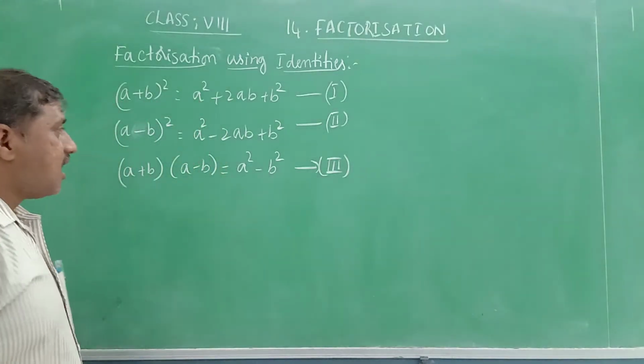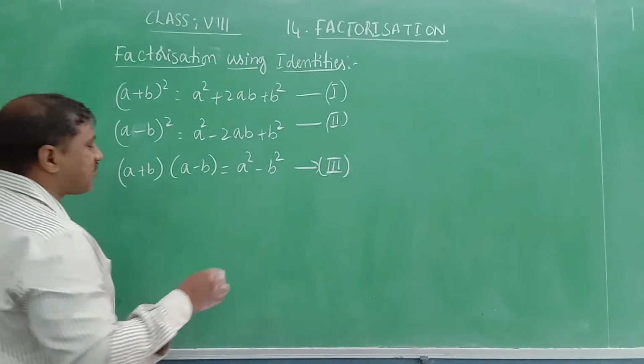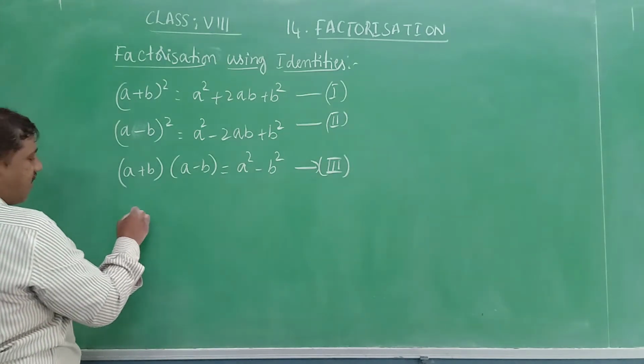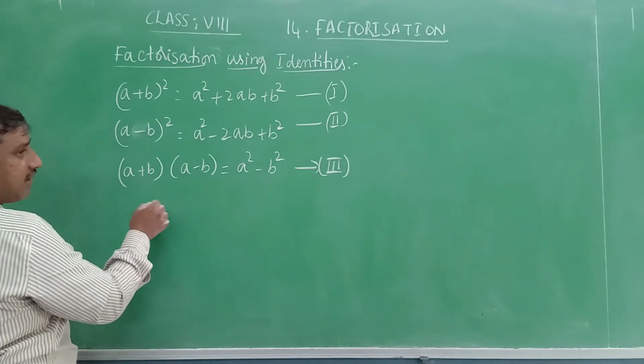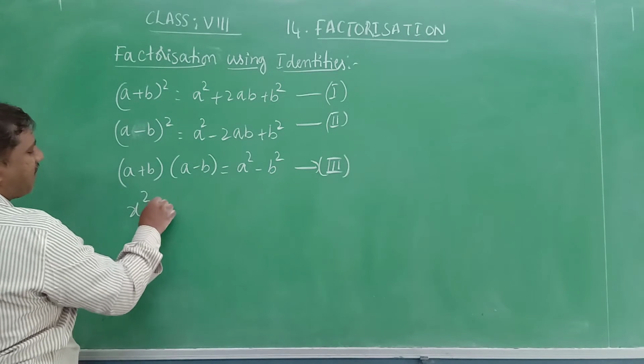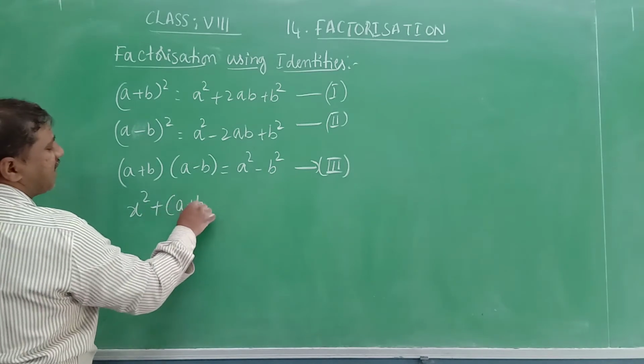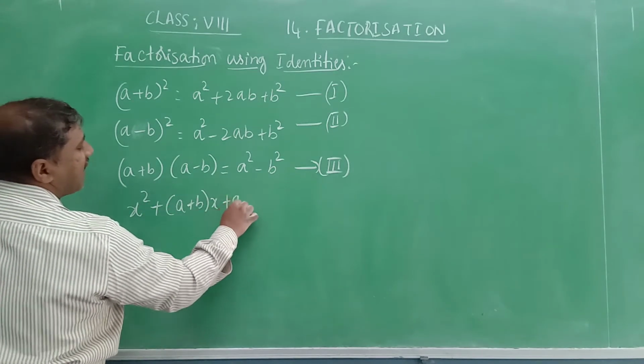Now we have the fourth identity also. That will be in the form of x square plus a plus b into x plus a into b.